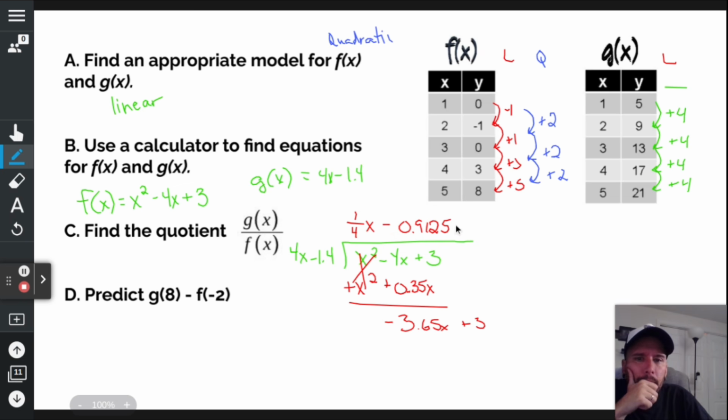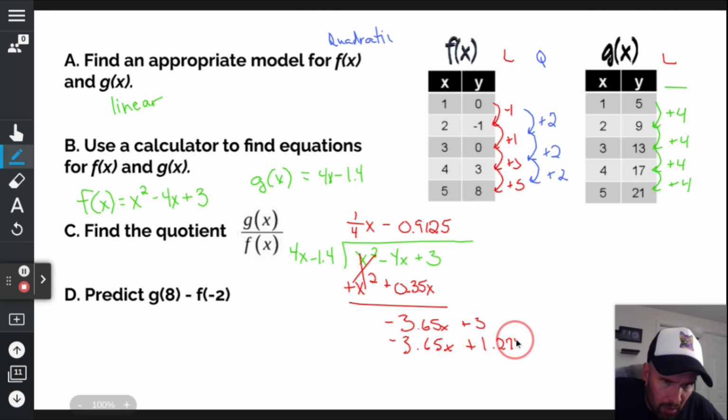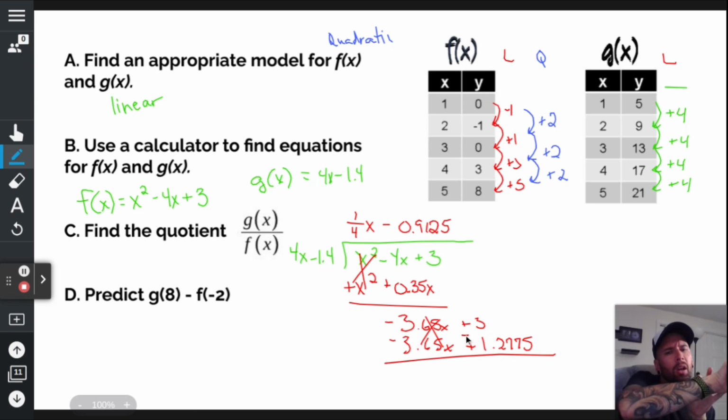So that gets me negative 3.65x. Negative 0.9125 times negative 1.4 is 1.2775. Cross you out. Make you a minus.